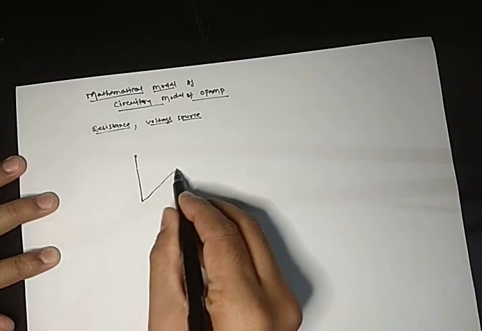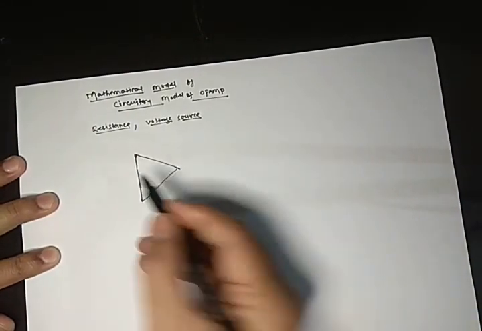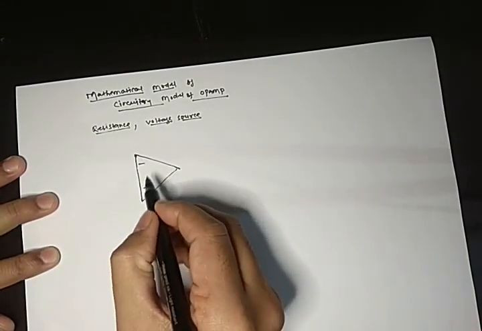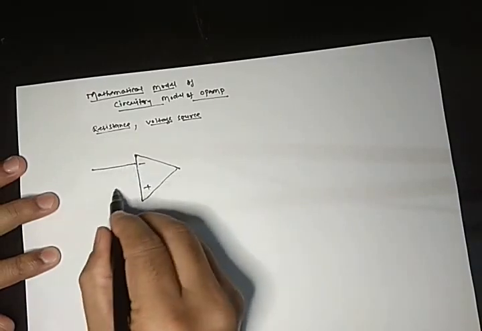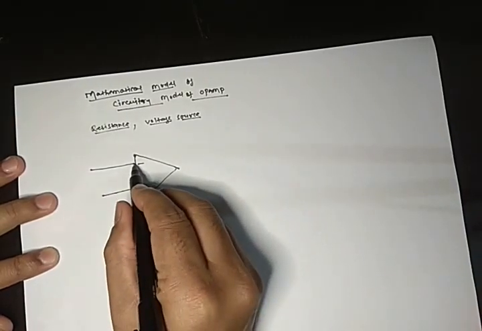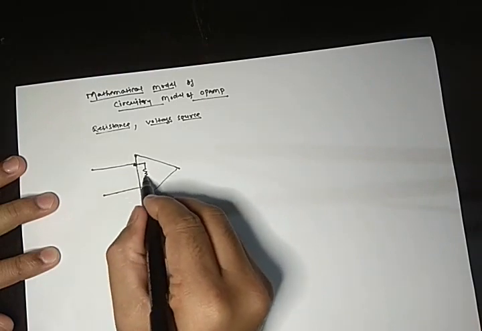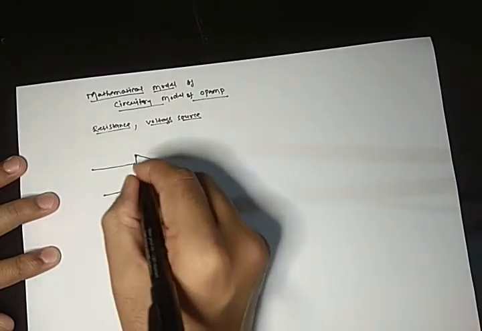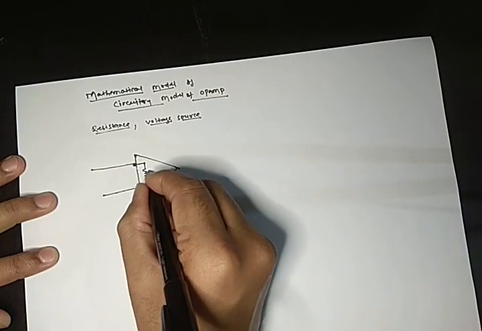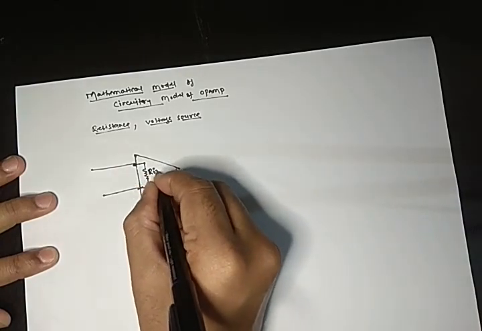Now this is your Opamp. Inside the Opamp, this is a very high resistance, which is denoted by R in.